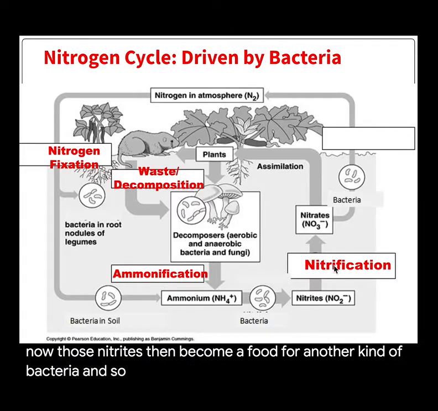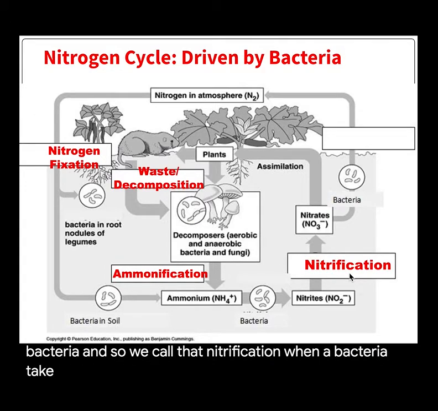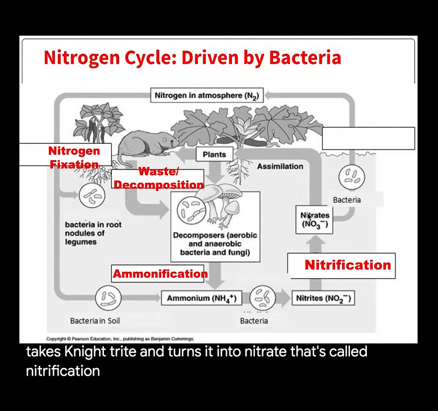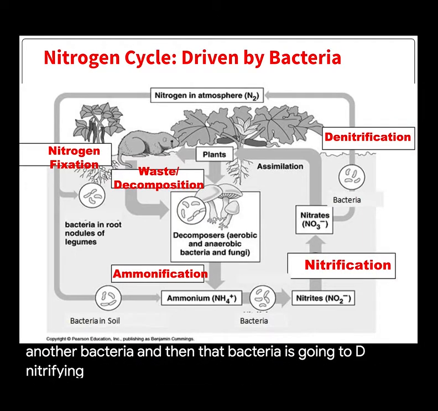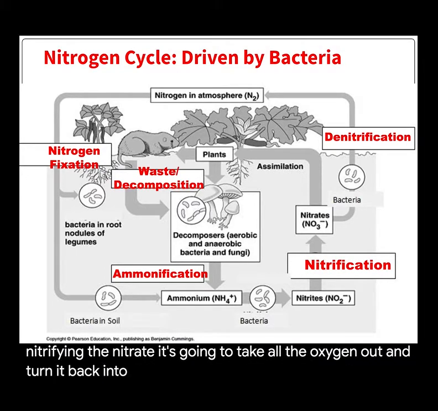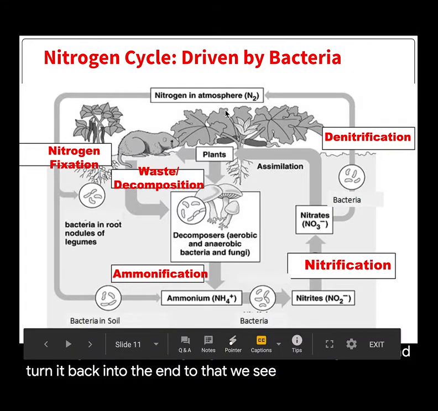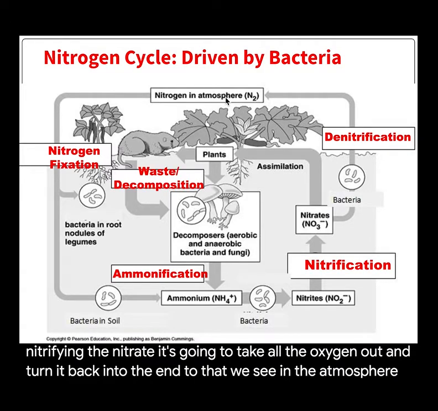And we call that nitrification, when a bacteria takes nitrite and turns it into nitrate. That's called nitrification. And then these nitrates are eaten by another bacteria, which is going to denitrify the nitrate. It's going to take all the oxygen out and turn it back into the N2 that we see in the atmosphere. Okay?